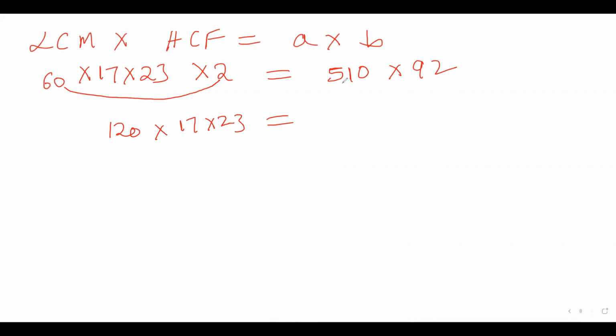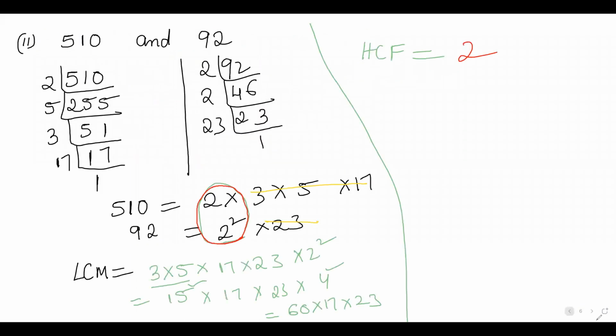Now 5, 10. Just go through the prime factorization. We got 17 into 30, isn't it? 2 5s are 10, 10 3s are 30.